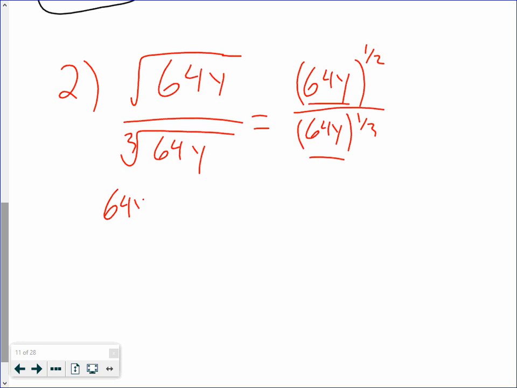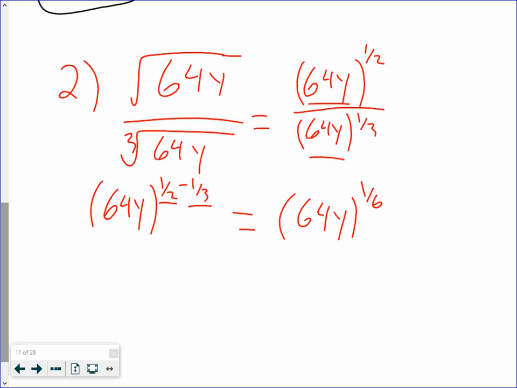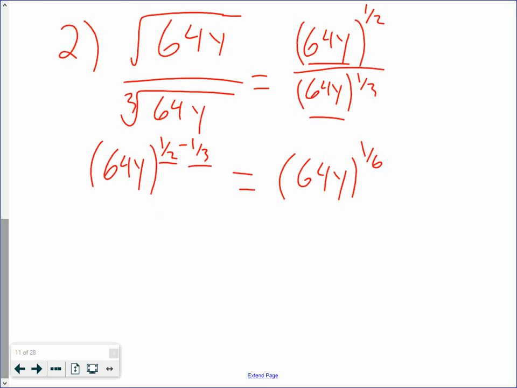So we get 64y raised to the 1/2 minus 1/3. Right, top exponent minus bottom exponent. And 1/2 minus 1/3 is 1/6. So we get 64y raised to the 1/6. And then from here, we're going to take this 1/6 and distribute it out to each term inside the parentheses.